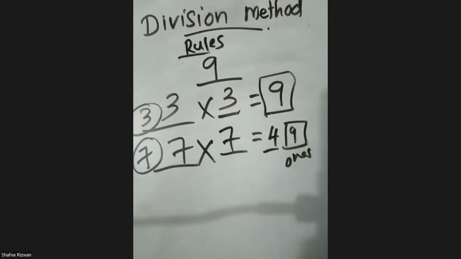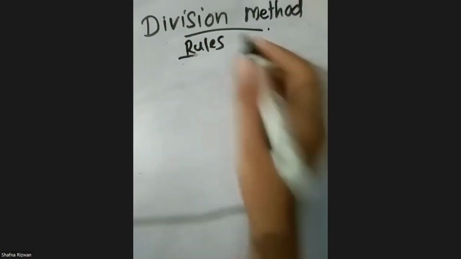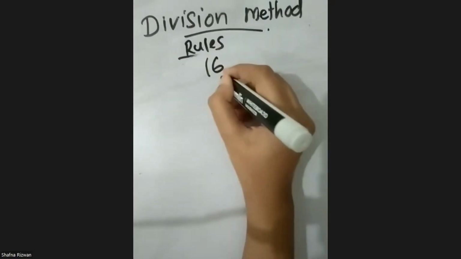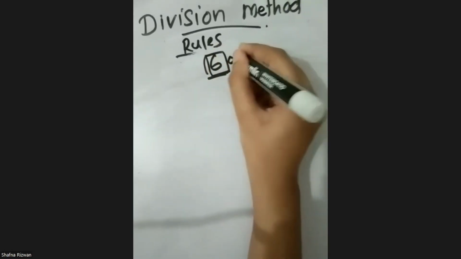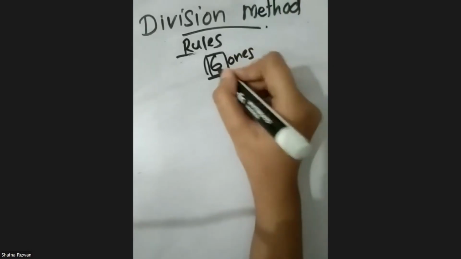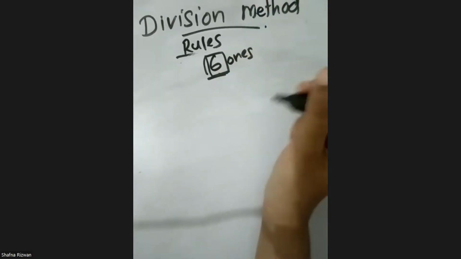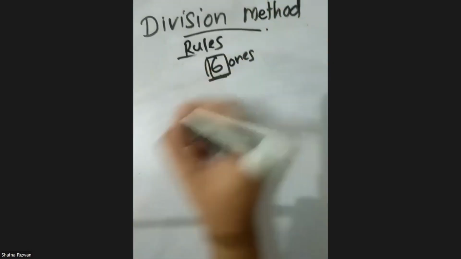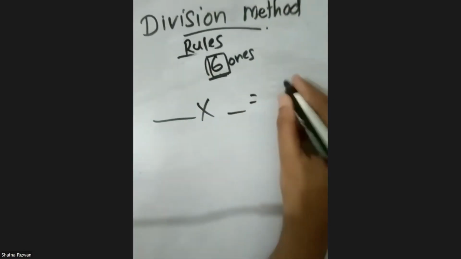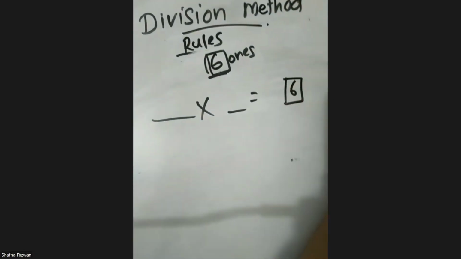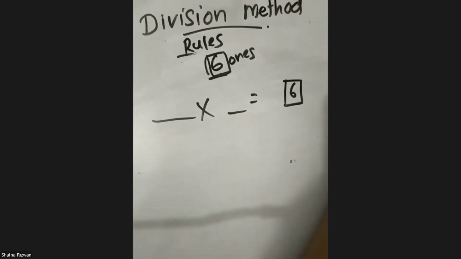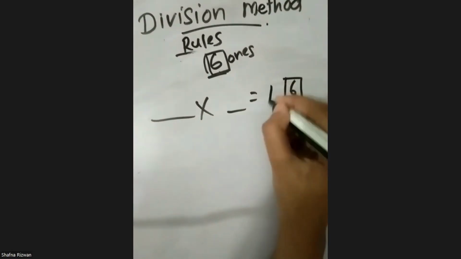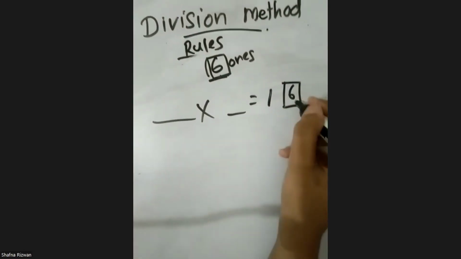Also, now let's go to 16. What's the last digit that you have? 6. The digit in your ones place is 6. Now let's see what numbers will give you 6 in your ones place. That is 16. When you take 16, you have 6 in your ones place.